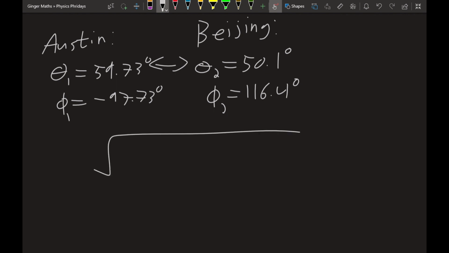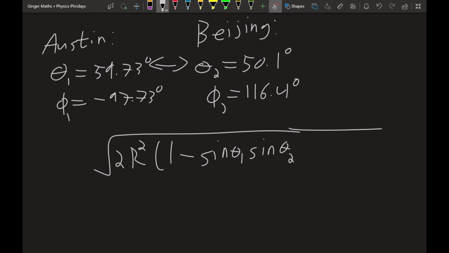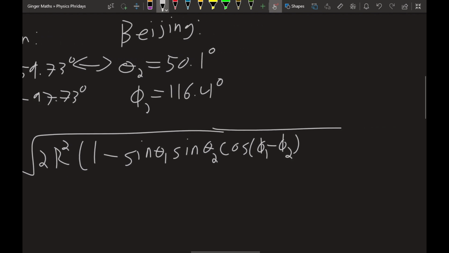The actual formula is just going to be 2r squared, where r is the radius of the Earth, times 1 minus sine theta 1 sine theta 2 times the cosine of phi 1 minus phi 2, or the other way around. Cosine is symmetrical like that.